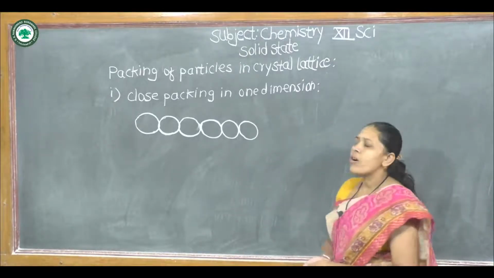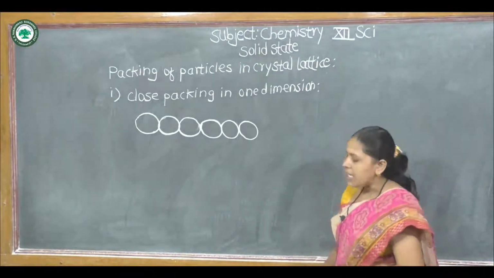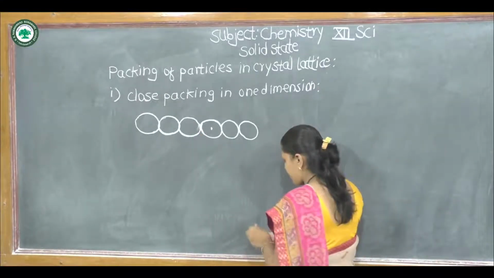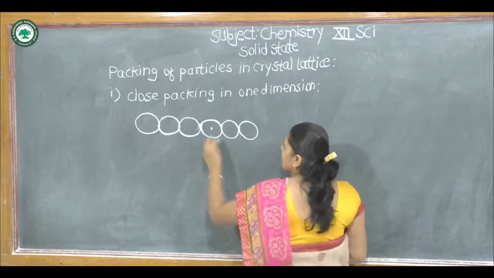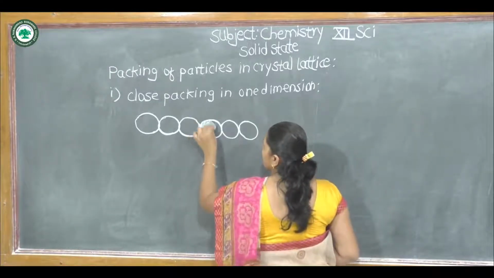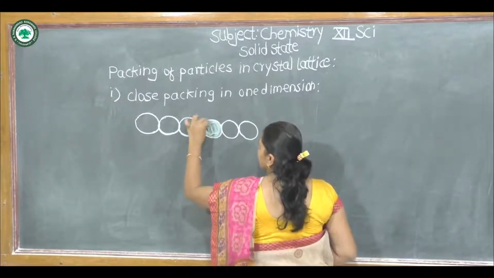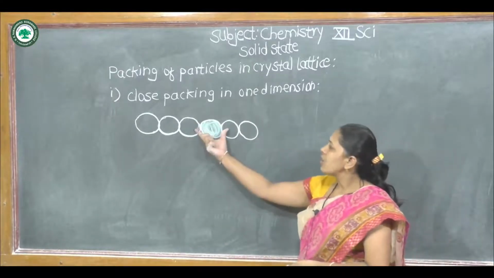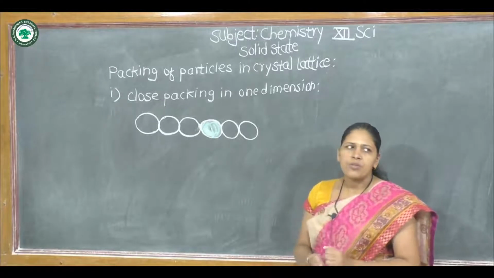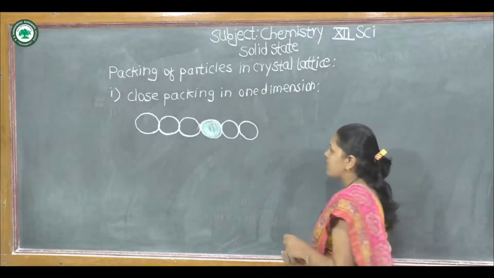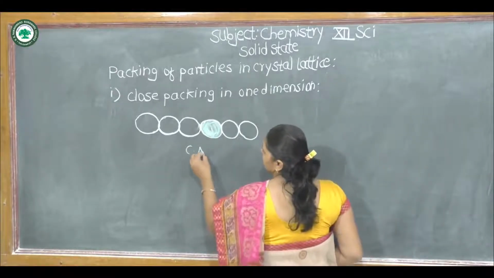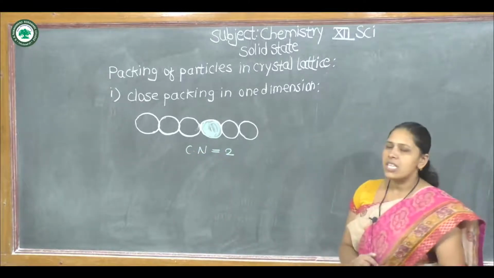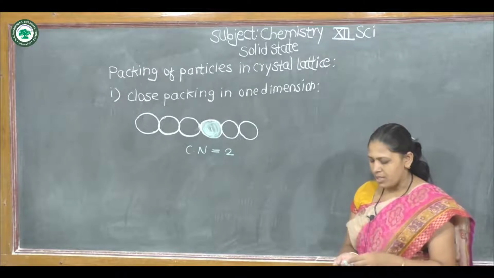What is the coordination number for any given sphere? For example, this sphere touches two neighboring spheres, therefore the coordination number is 2.